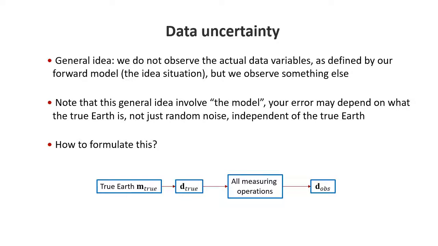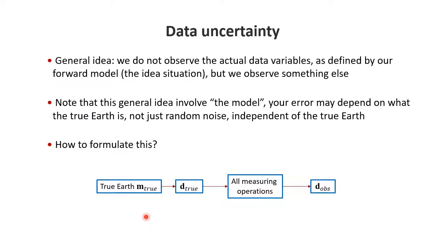Let's look at this graph here at the bottom. We have our true Earth. We don't know that. We apply measurements. We want to measure something, for example, resistivity. If we had perfect measuring tools, then we would get some measurement.